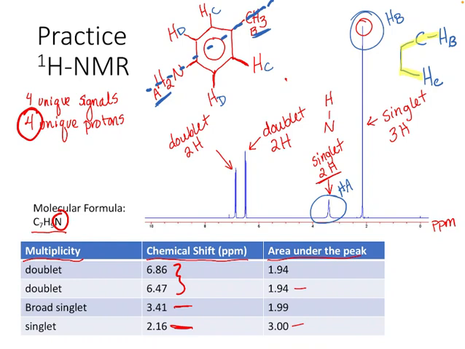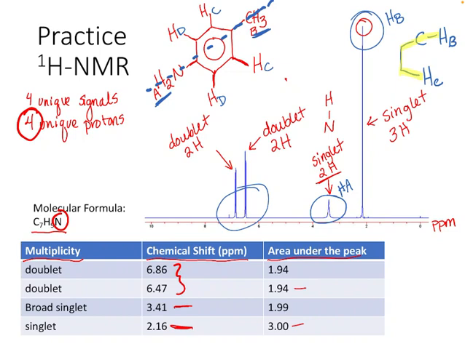So now let's look at the doublet protons, and those have to be due to HC and HD. And they're in the aromatic region, so that makes sense. Now HD is actually closer to the nitrogen group, which is electron withdrawing.